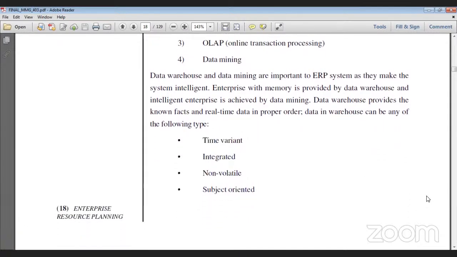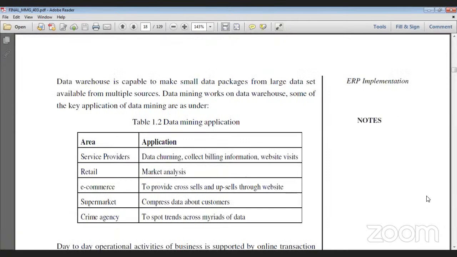The data warehouse is capable of making small data packages from a large data set available from multiple sources. Data mining works on the data warehouse.